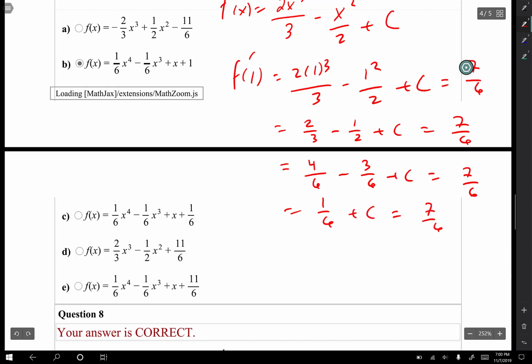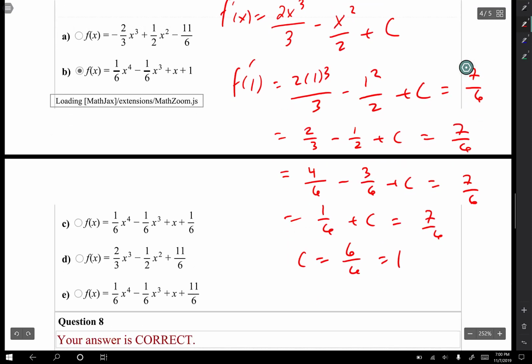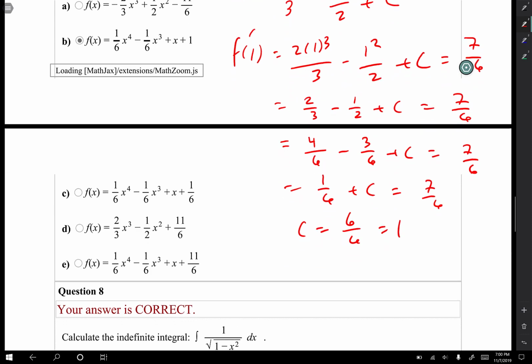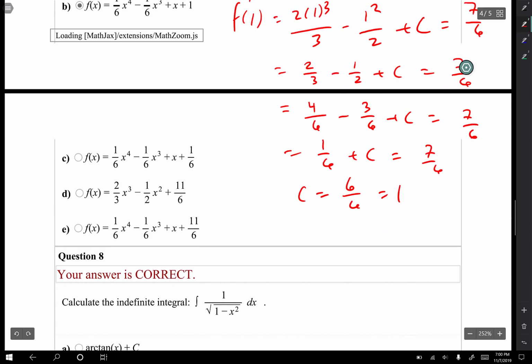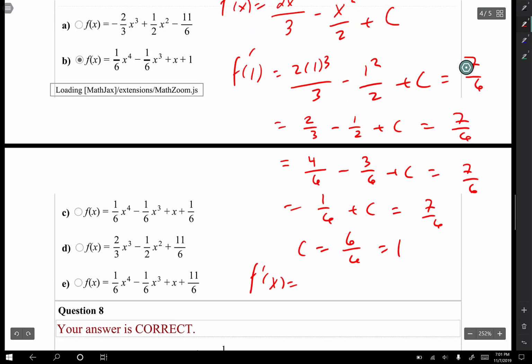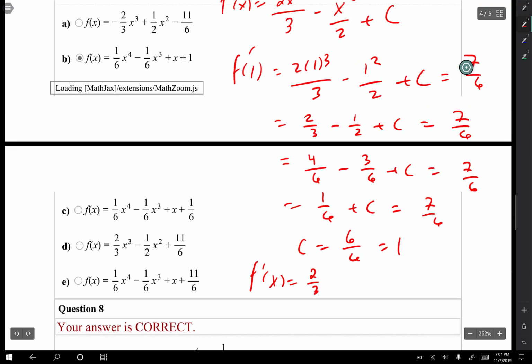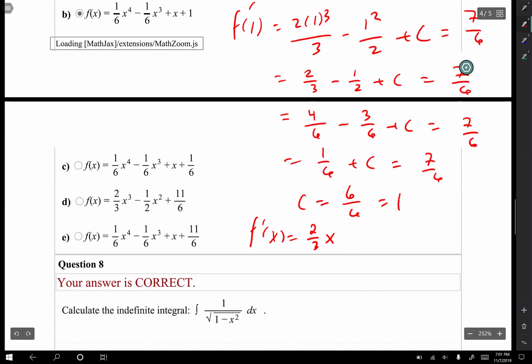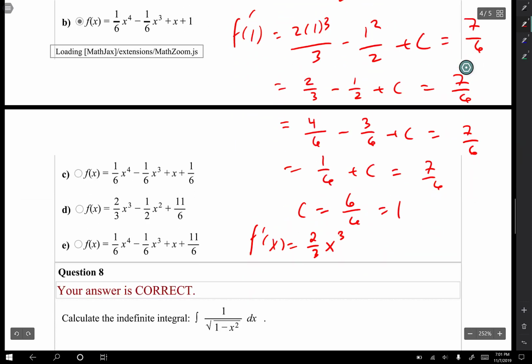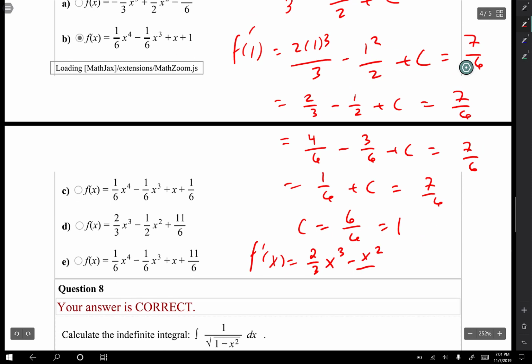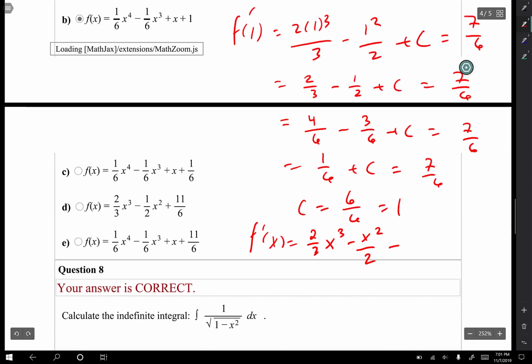And then just subtract. So c equals, let's see, 7 minus 1 is 6, so 6 over 6, which is 1. So I know, okay, yeah, there it is. So my f prime graph is, let's see, 2/3 x cubed minus x squared over 2 plus 1.